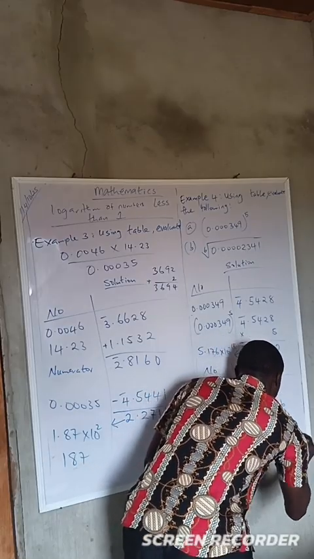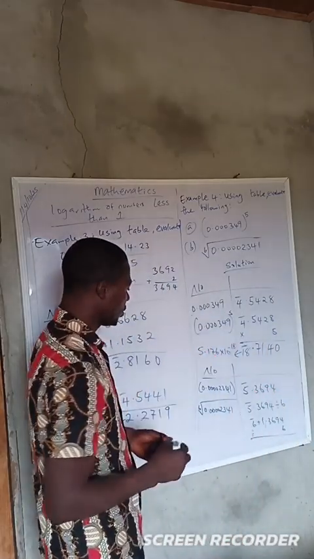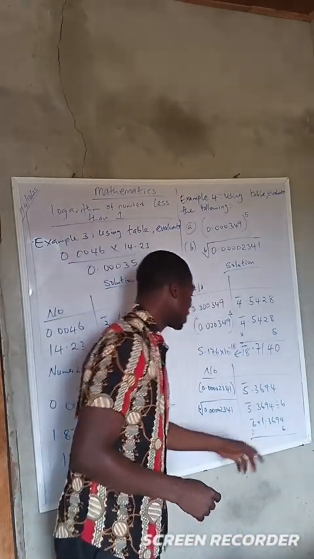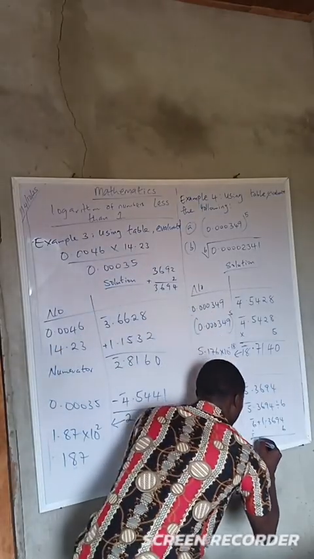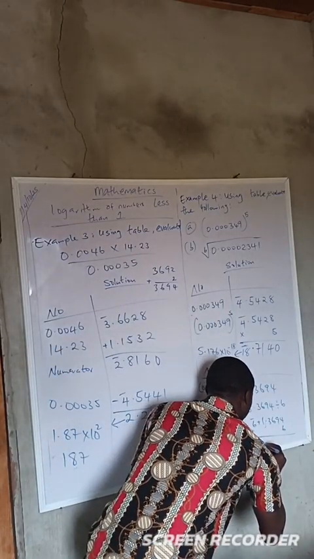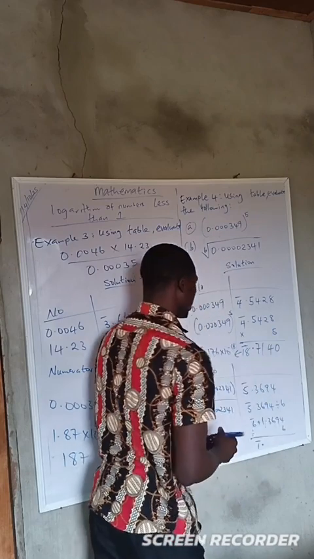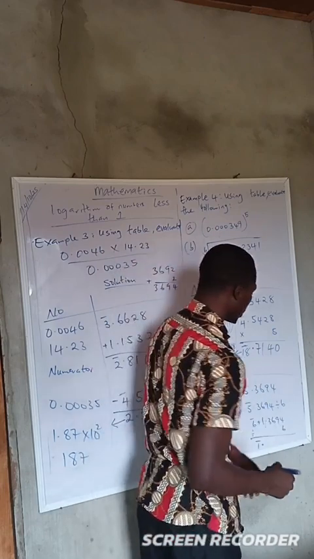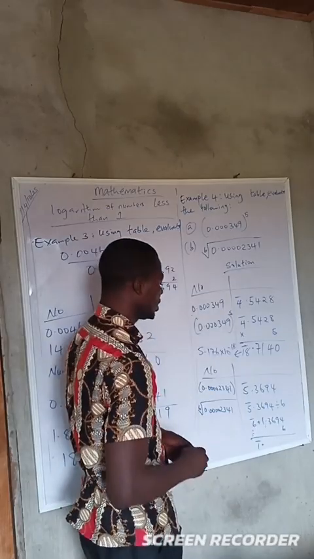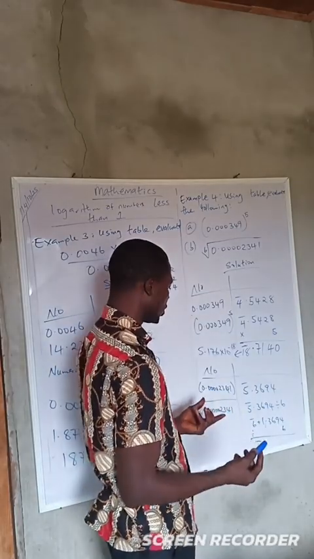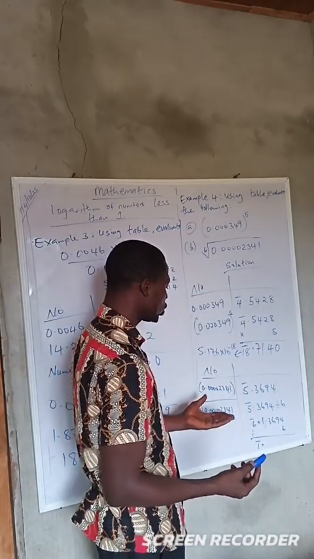So let's divide. On dividing 6 in bar 6, you have bar 1 point. 6 in 1 is 0, so you write the point. Take the 1 in front of 3, you have 13. How many 6 in 13? Exactly 2, remainder 1.